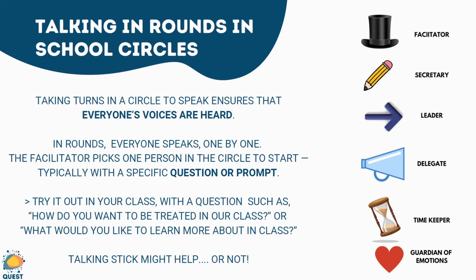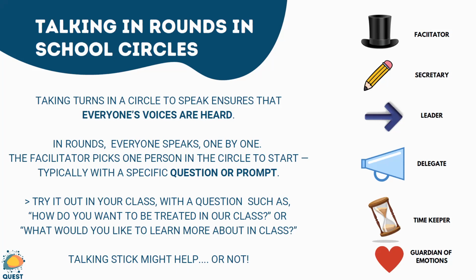So you can have a hat for a facilitator, a big pen for the secretary, an arrow for a leader, so that students or young children can take this object and be reminded that in this moment, in this circle, they are the facilitator, they are the secretary. And so it's really visible what the role of everyone is.